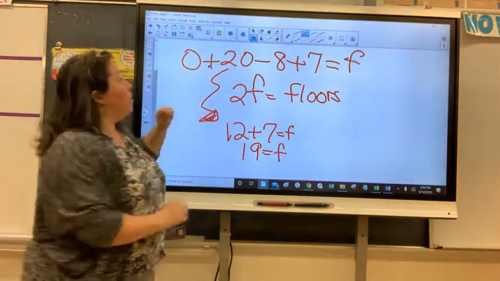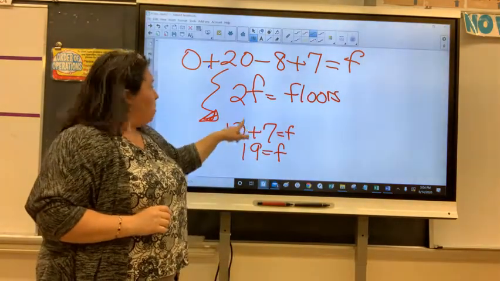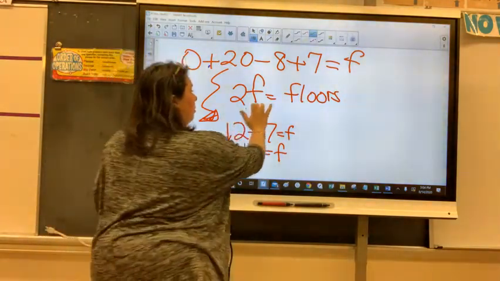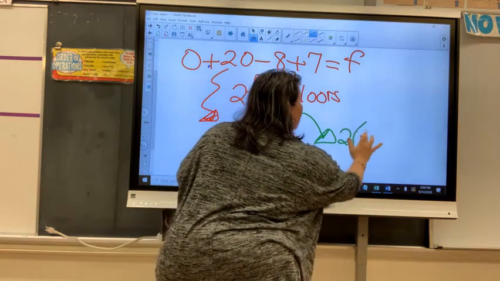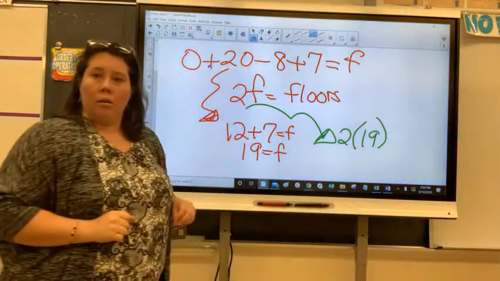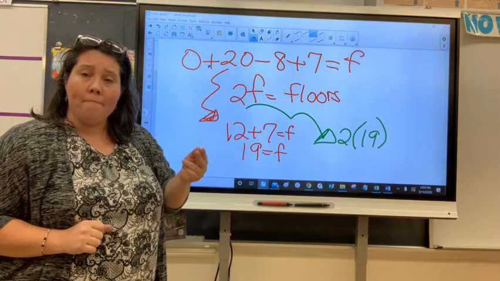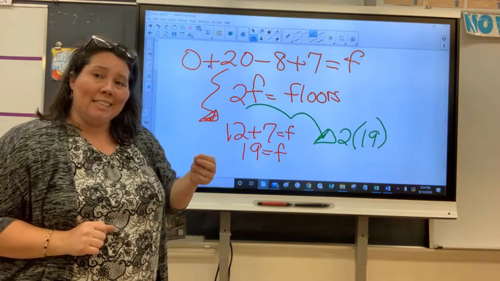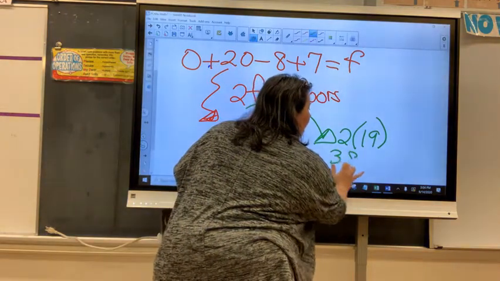We know that we have to take this F and multiply it by 2. Well, I know in my head 2 times 20 is 40, so 2 times 19 is 38. There are 38 floors.